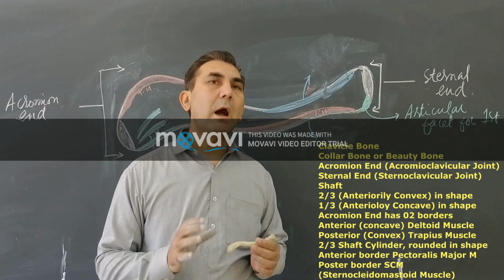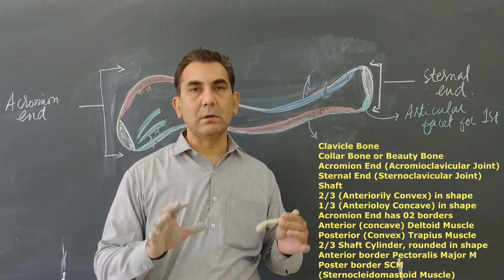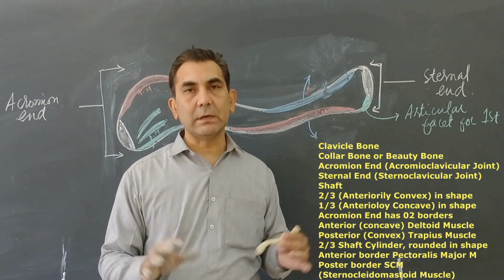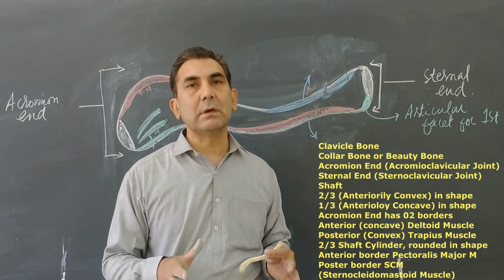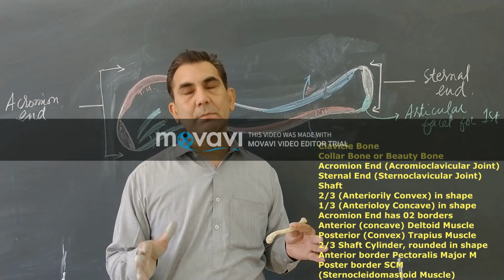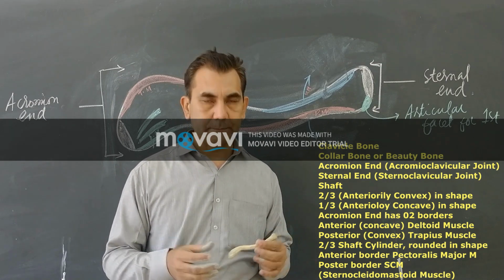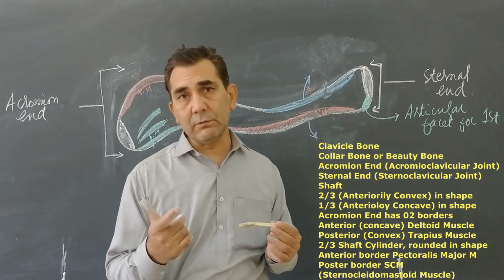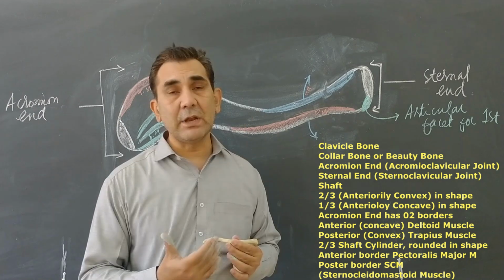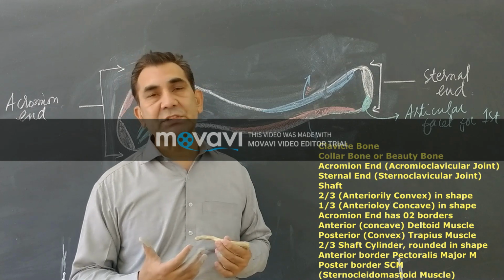This is the only long bone in the human body which is located at the front of the thoracic cage in a horizontal way. All the other long bones of the appendicular skeletal system are mostly located in a vertical way. So the collarbone is the only bone situated at the front of the thoracic cage.